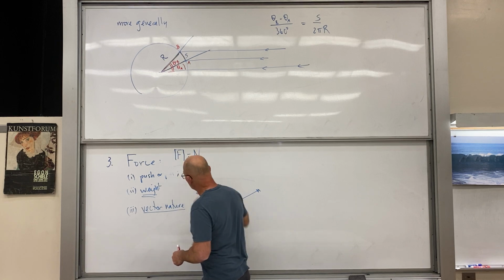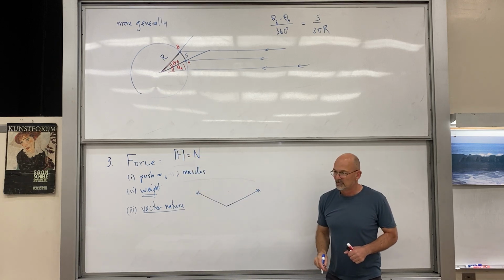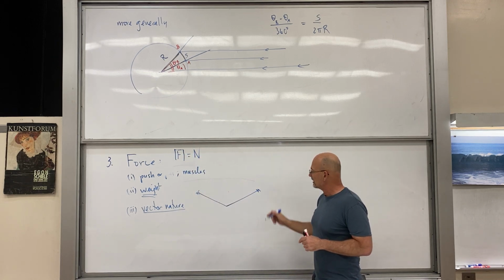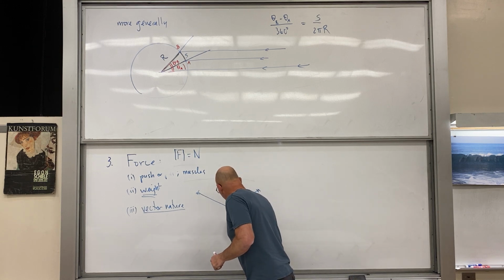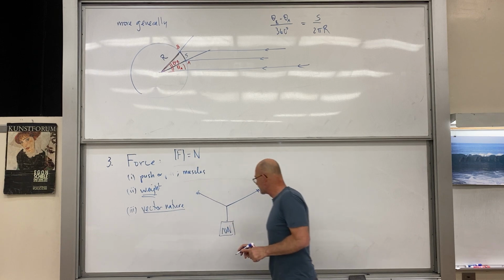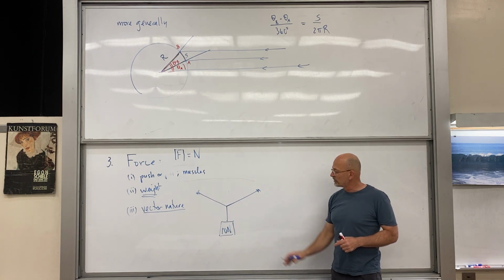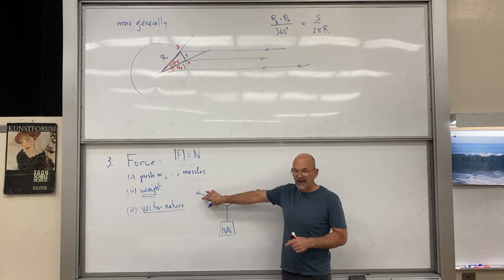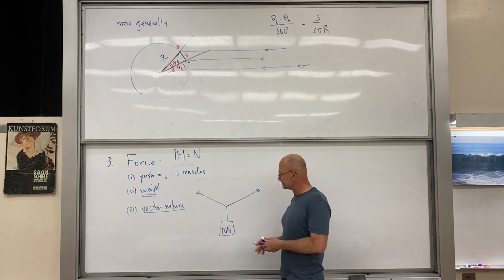The unit is the Newton. And then, yeah. So what did we do? We suspended this 10 Newton weight from scales with ropes at an angle, and what we found was the scale would read quite a bit more than 10 newtons.